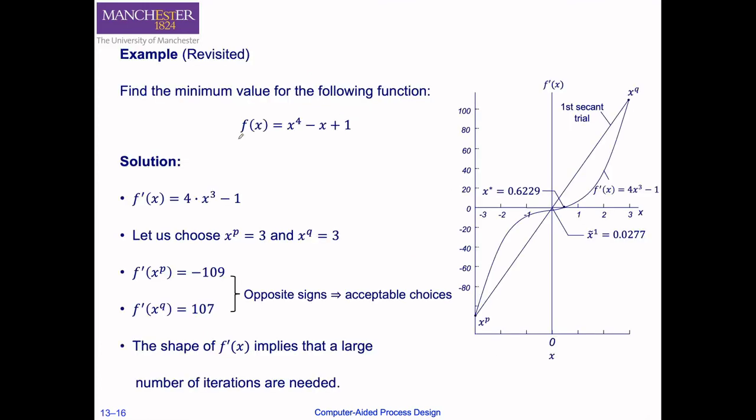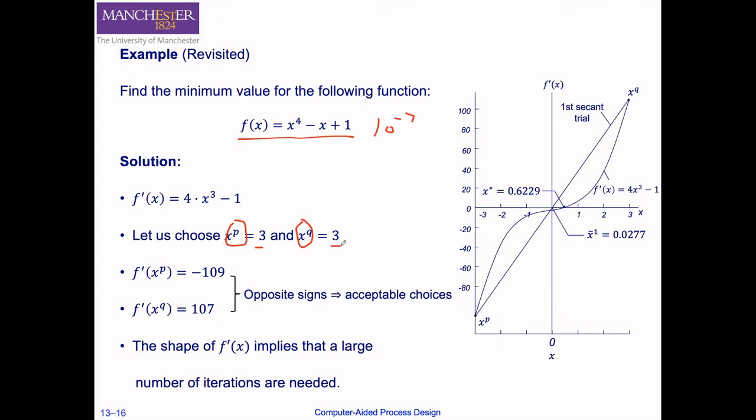We use the secant method to find the minimum of the function fx is equal to the first power of x minus x plus 1, which has been solved by Newton's method. The tolerance is equal to 10 to the minus 7. We first choose 2 initial values for xp and xq, both equal to 3.